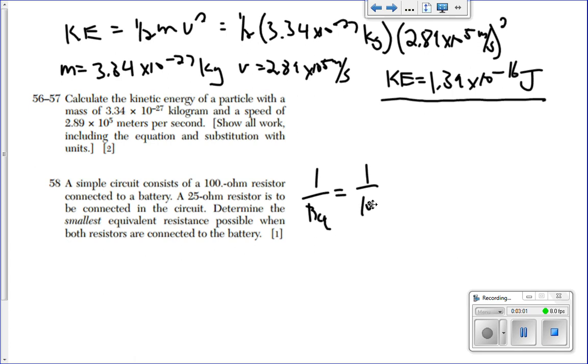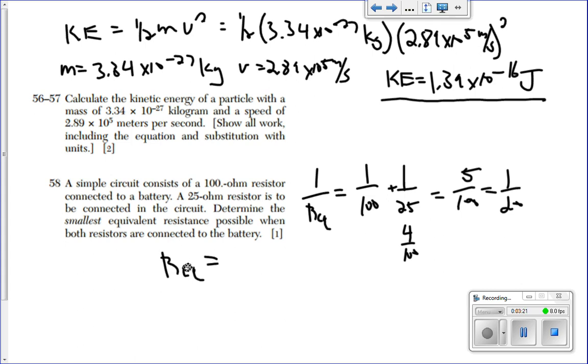We have 1 over 100 plus 1 over 25, and that equals, this is 4 over 100, so that equals 5 over 100 equals 1 over 20, so Req equals 20 ohms. Boom.